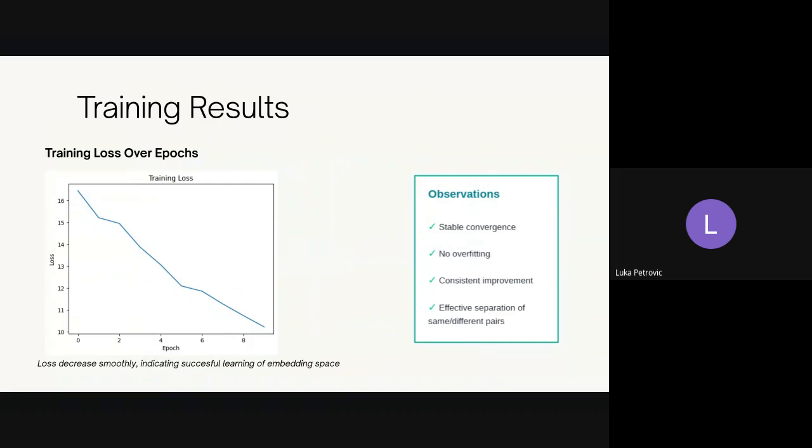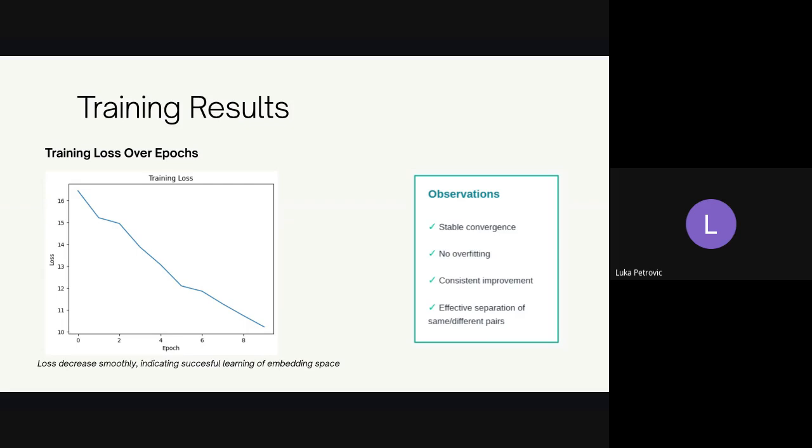This is our training results. Here you can see the training loss over the epochs. What we can clearly see is that we got a smooth and consistent decrease in loss. That's what we want. That means that our network is learning efficiently. The key observation here is that we see stable convergence.